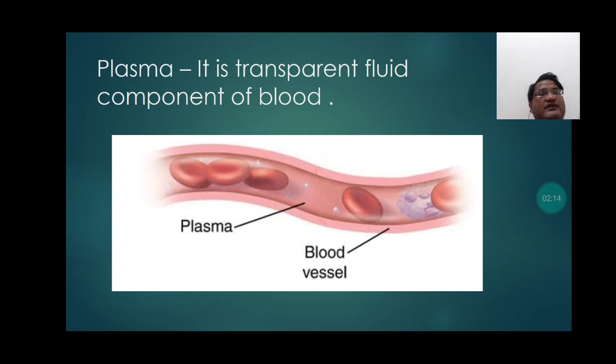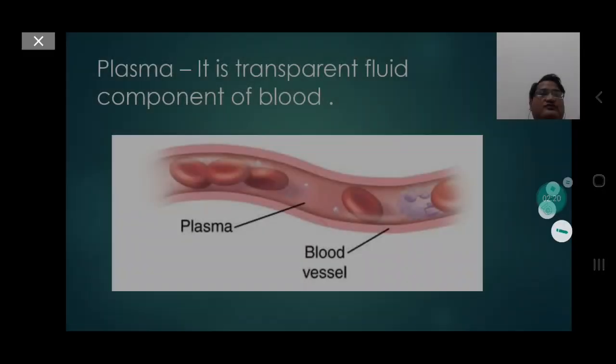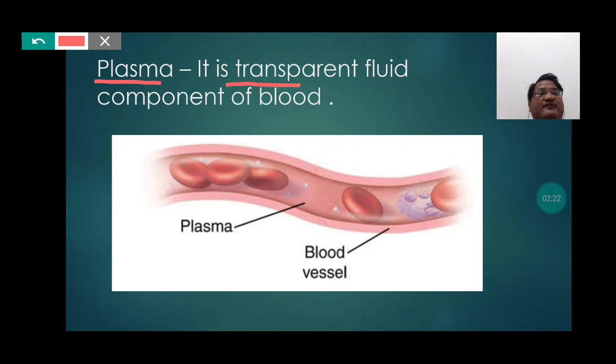Plasma is the transparent fluid component of blood. Since plasma is the transparent fluid component of the blood, the main composition of the plasma is 93% water.